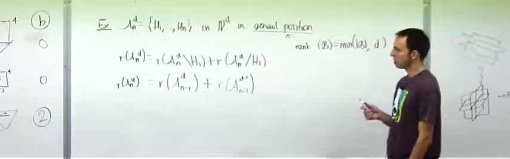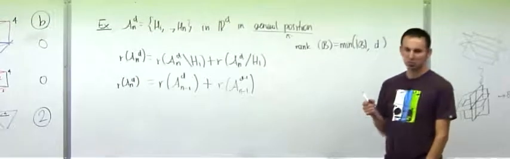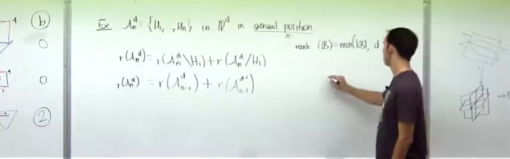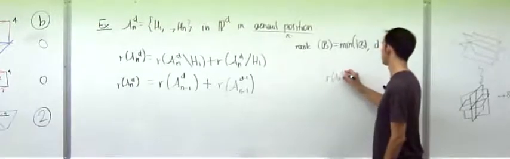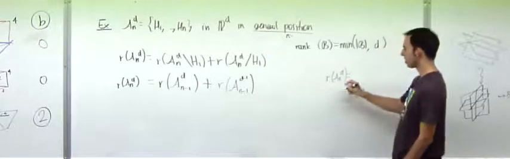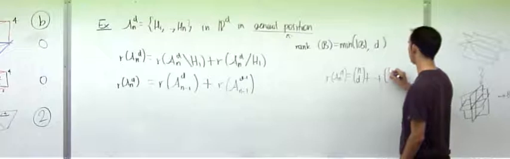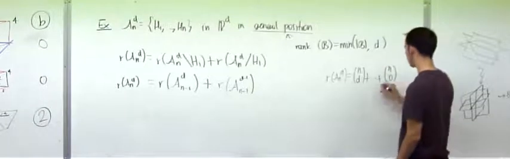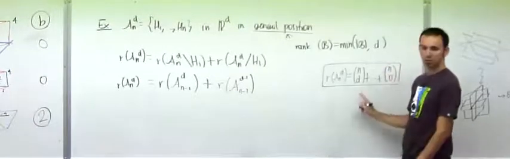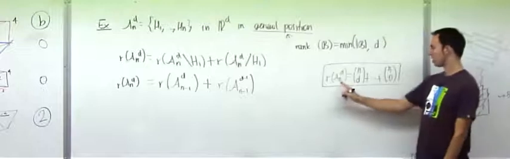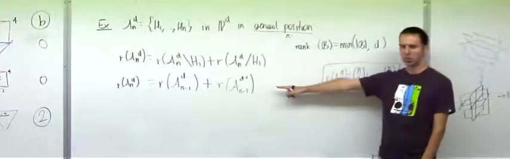And so then this allows me to prove by induction this formula that the number of regions is n choose d plus dot dot dot plus n choose 0. How do I do it? Well, I basically have this tool that allows me to do it by induction.